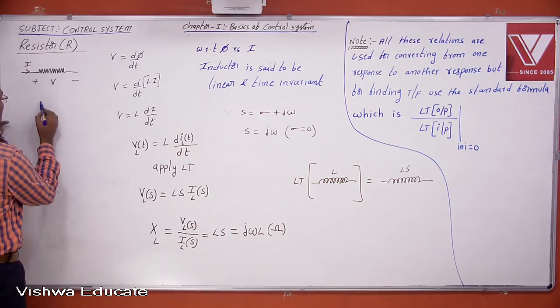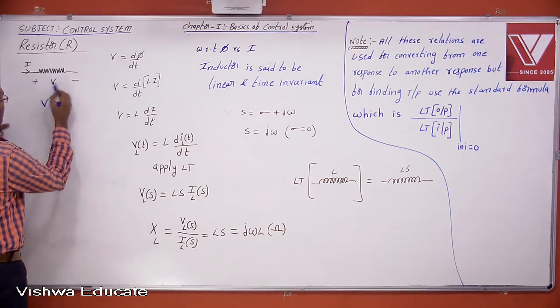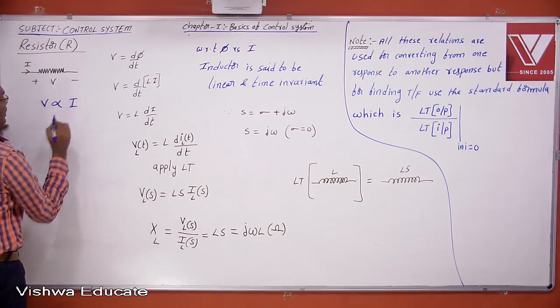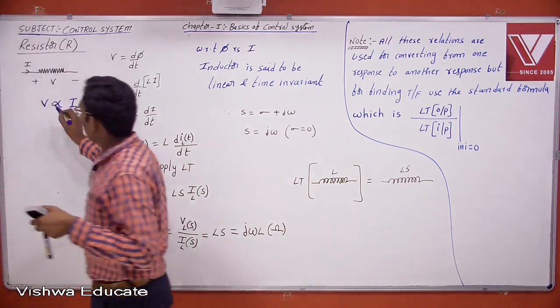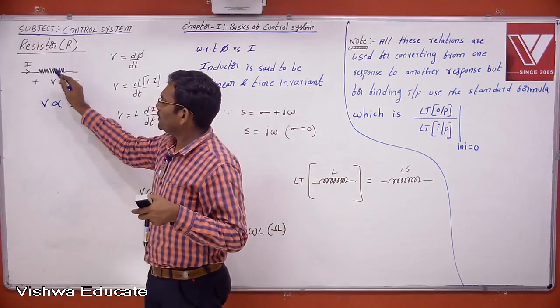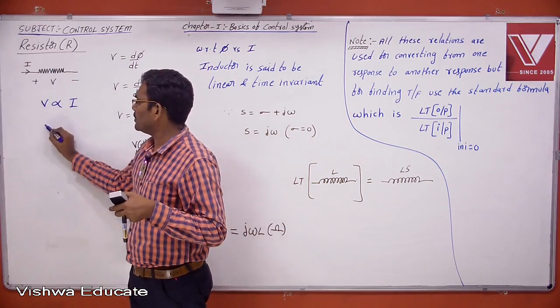The voltage drop across this element is directly proportional to the current passing through this element.